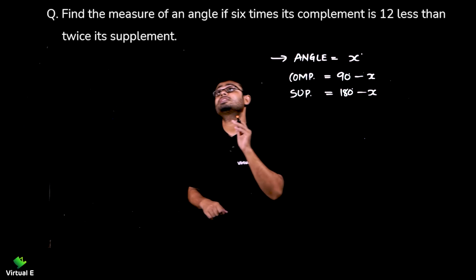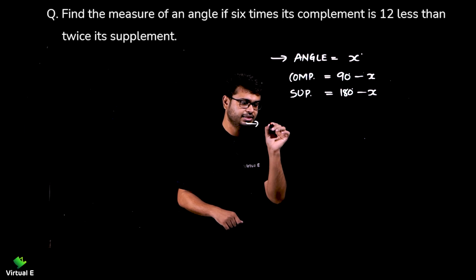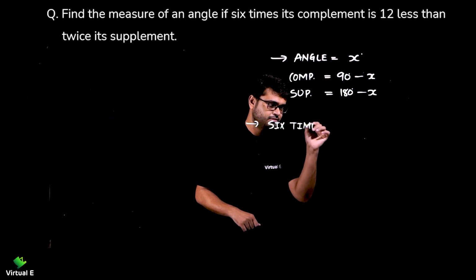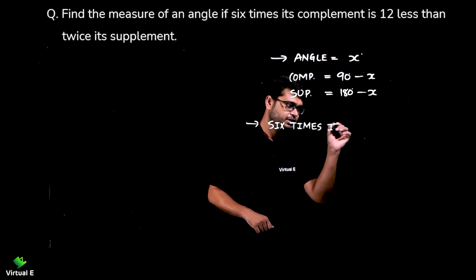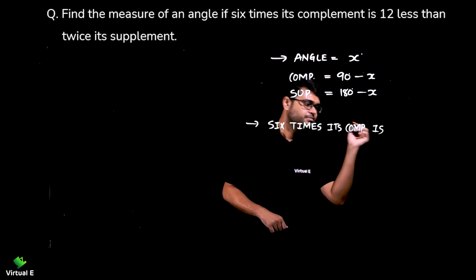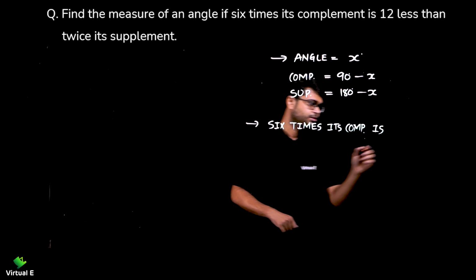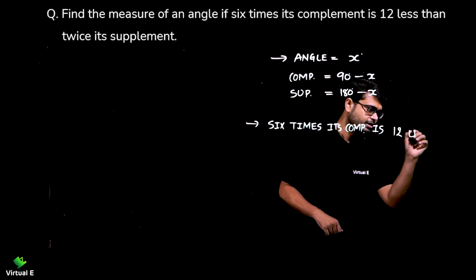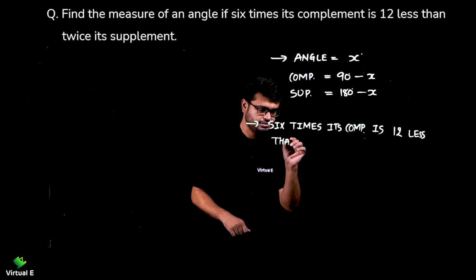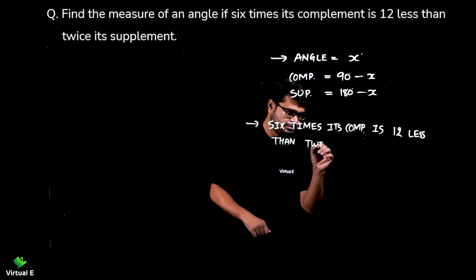So let's start. 6 times its complement is 12 less than twice its supplement.